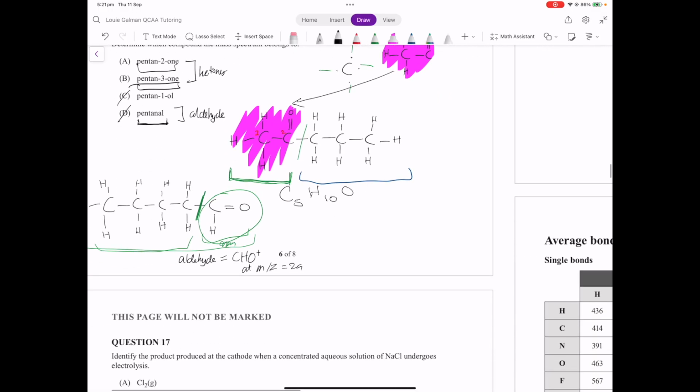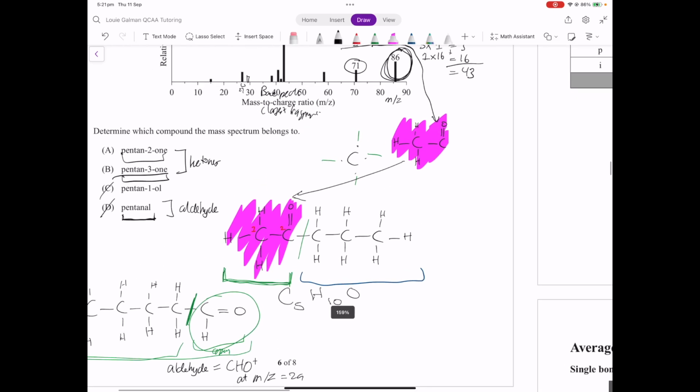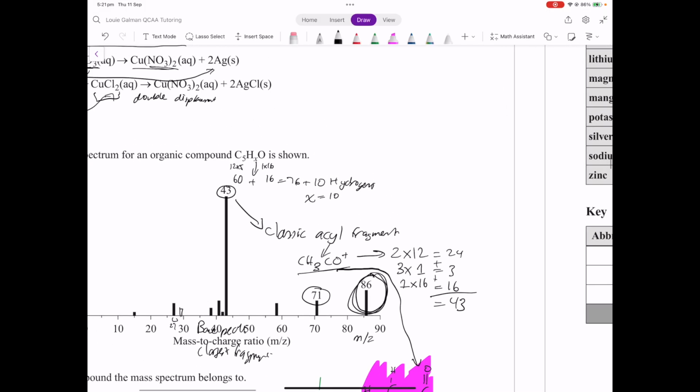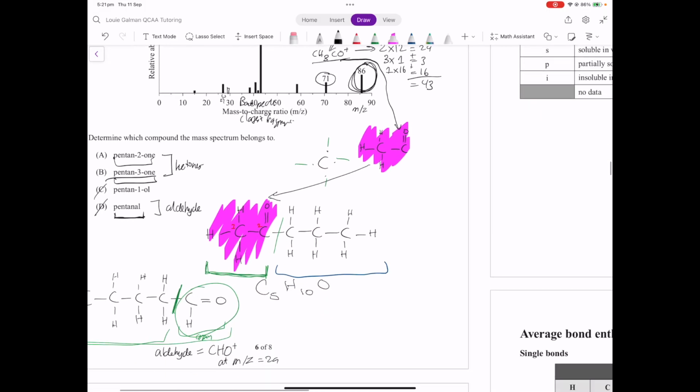Okay, so basically I'm not going to draw it out, but we can sort of just say that pentan-3-one is less likely to produce that stable, again, classic acyl fragment because of the symmetry, right?